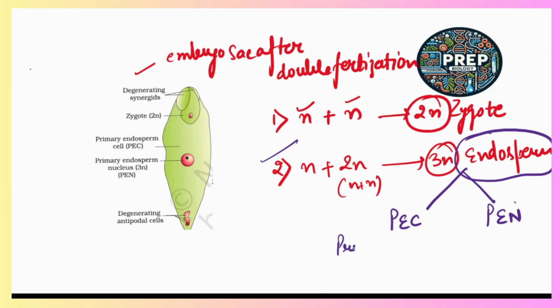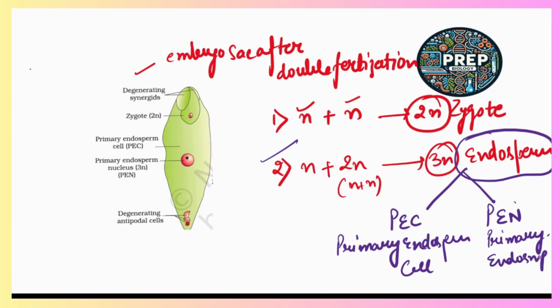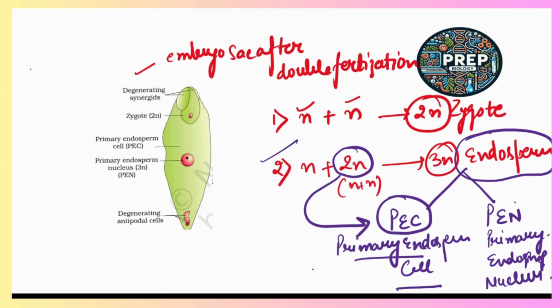PEC is the primary endosperm cell and PEN is the primary endosperm nucleus. So when the central cell, after the triple fusion occurs, develops into the PEC, that is the primary endosperm cell, the primary endosperm then develops into the endosperm.